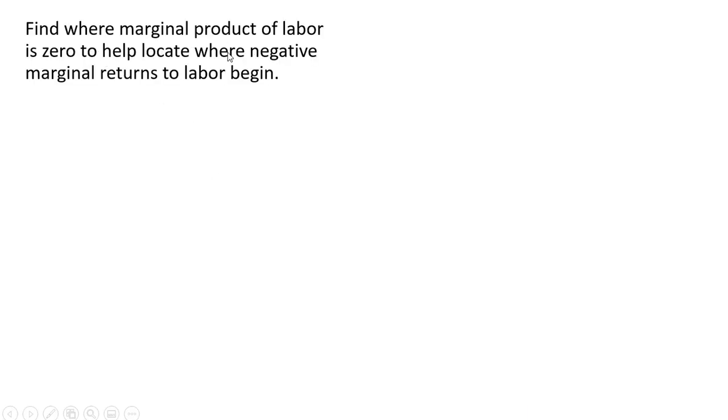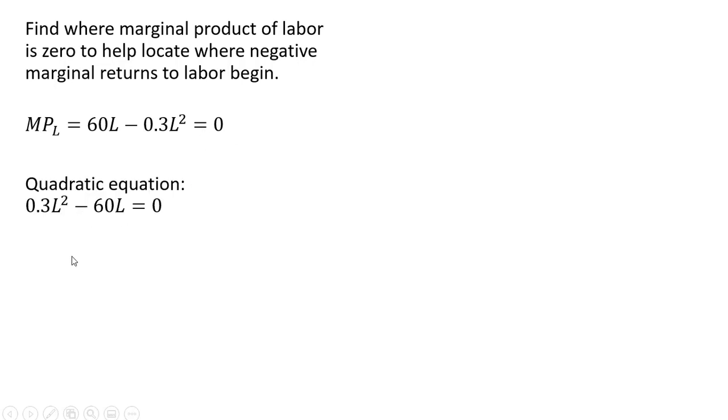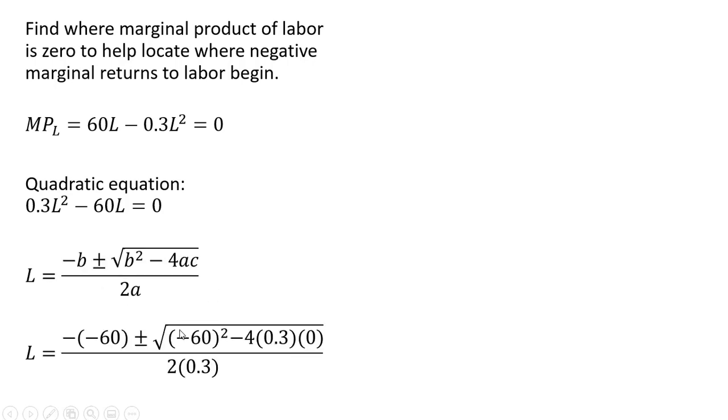Let's find where marginal product of labor is 0 to help locate where negative marginal returns to labor begin. So we take our marginal product of labor, this is not the derivative of marginal product, just the marginal product of labor, and we set that equal to 0. And we have basically a quadratic equation. So we're going to solve this quadratic equation using the quadratic formula and making our substitutions. B is negative 60, A is 0.3, and C is 0.